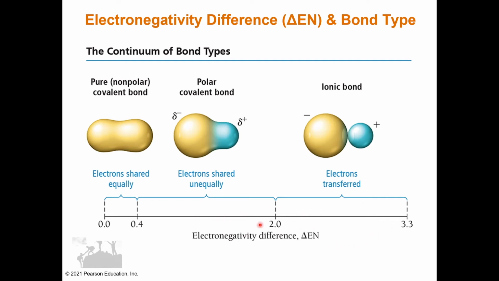Everything else falls in between 0.4 and 2.0, so if I have a delta En that falls in this part of the line, then the bond is a polar covalent bond. So again, I would just memorize 0.4 and 2.0, and see where this delta En would lie on this number line.